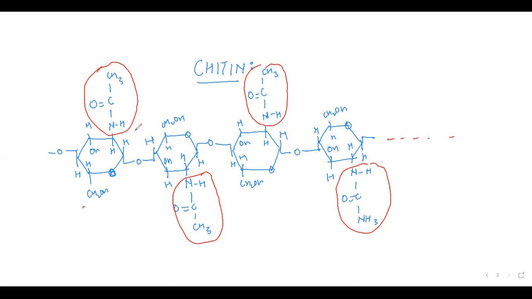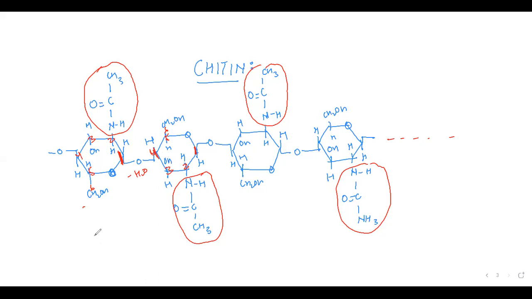Now, when we start numbering, this is carbon 1, 2, 3, 4, 5, and 6. In this one, this is carbon number 1, 2, 3, 4, 5, and 6. So now you can see that the water molecule is lost between carbon number 1 of this N-acetyl glucosamine and carbon number 4 of the next.